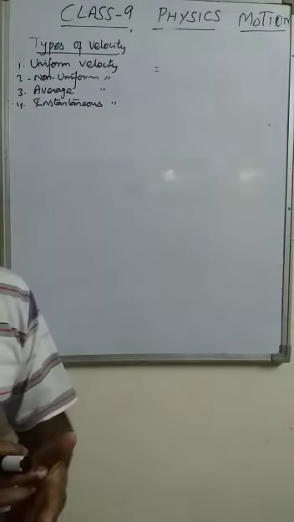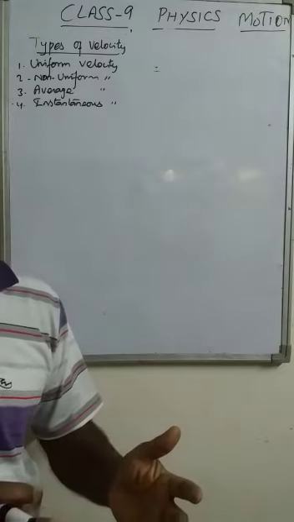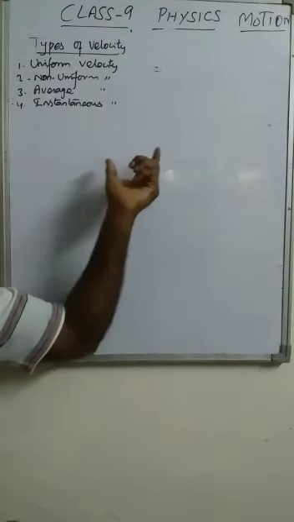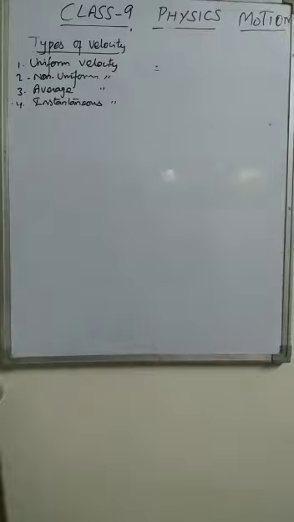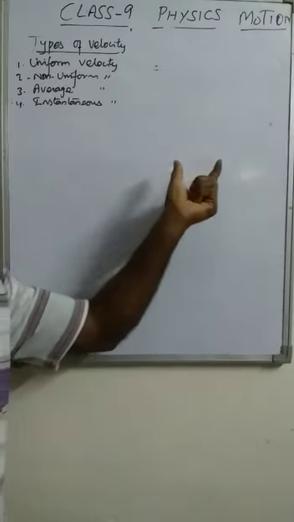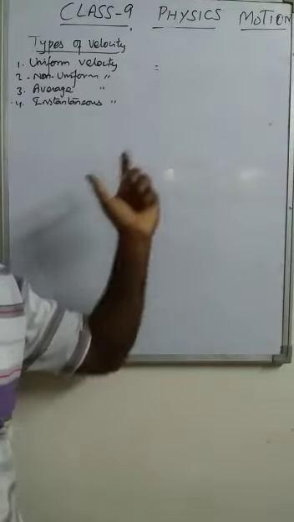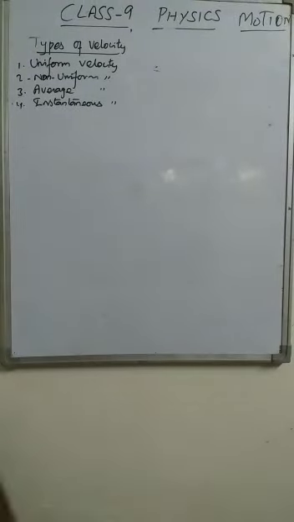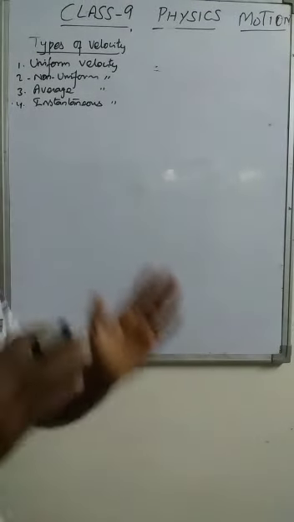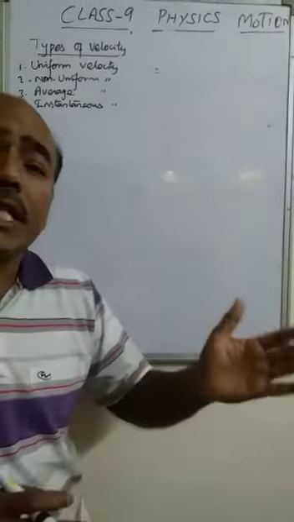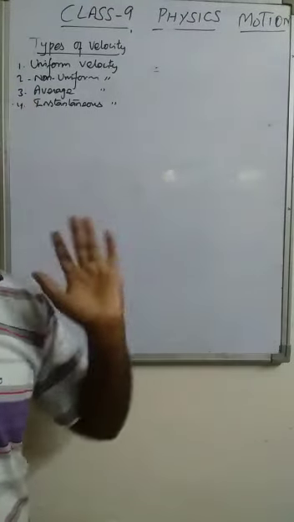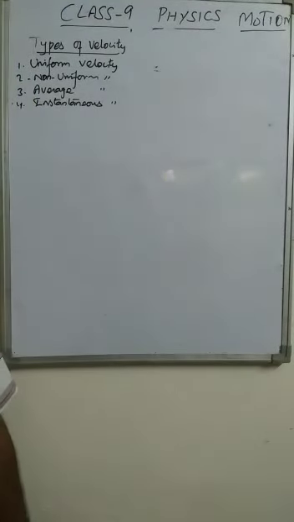While defining the uniform speed, we were seeing the examples. In every interval of time, it was covering equal distance in equal time. That is uniform speed. If an object travels equal distance in equal interval of time, it is in uniform speed.